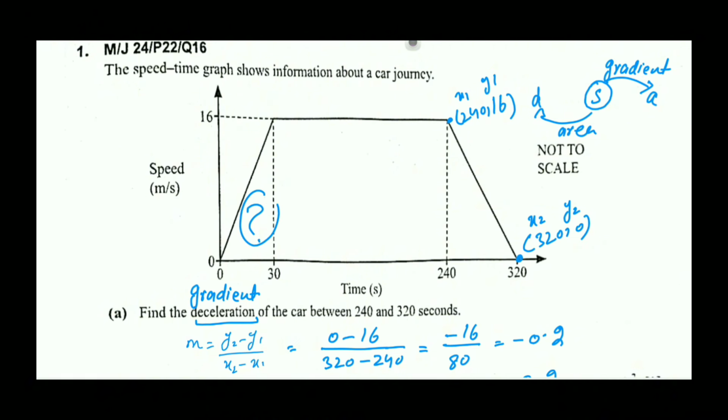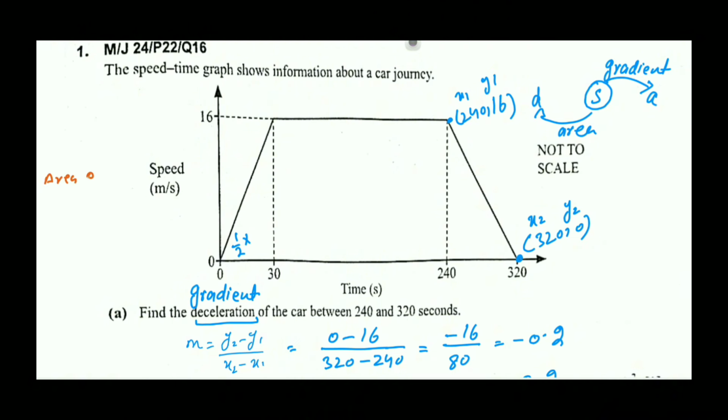The area of a trapezium will also be used in this topic, so I will tell you that formula as well. So this can be one triangle plus a trapezium, or two triangles plus one rectangle. So let's start. Remember the formulas.